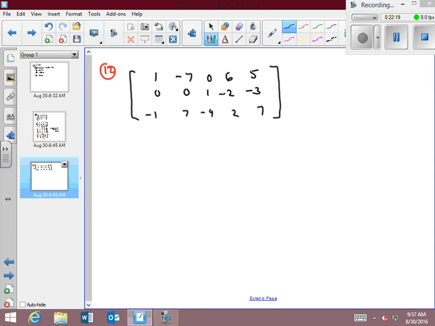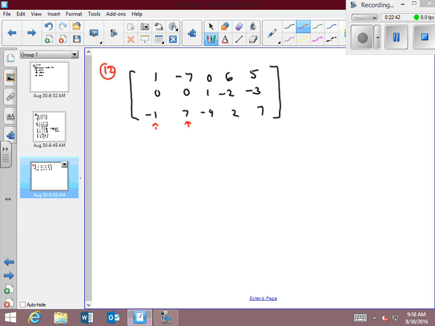I was thinking about taking row 2 and putting it down in row 3. So then I'd have a 1 in the third column. But you see, if I try to eliminate this value, get it to 0, what's going to happen to this value? It's going to be 0 too.